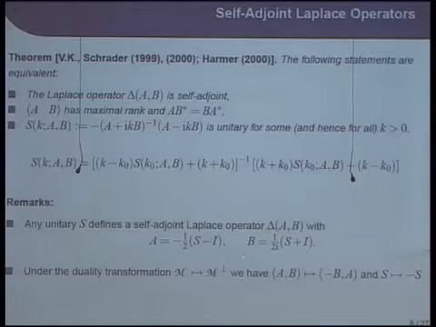The first one is quite easy to verify. We should interchange the order of these two matrices A and B and put minus in front of B. And the second one, if we describe our boundary conditions in terms of S, then under the duality transformation S will be sent to minus S. Also quite easy to verify.